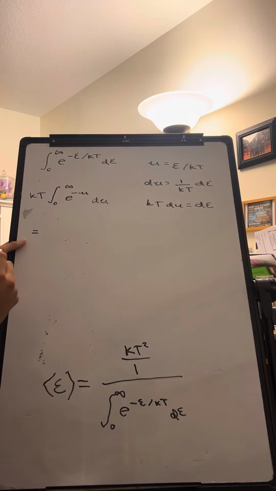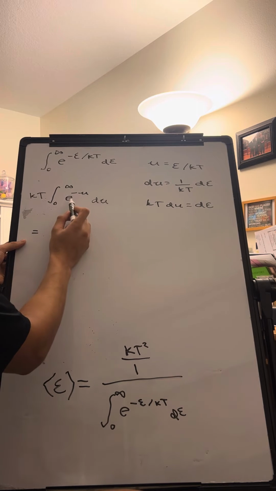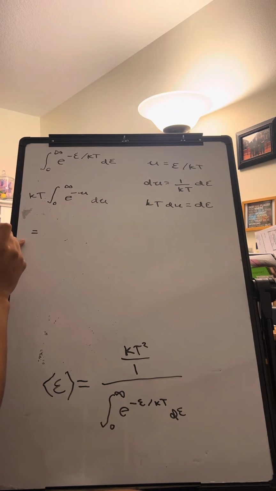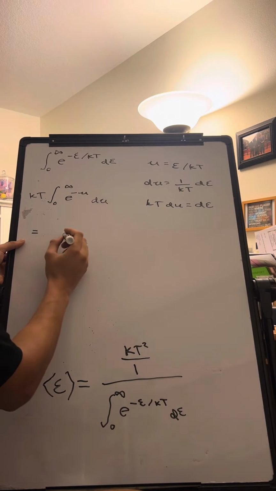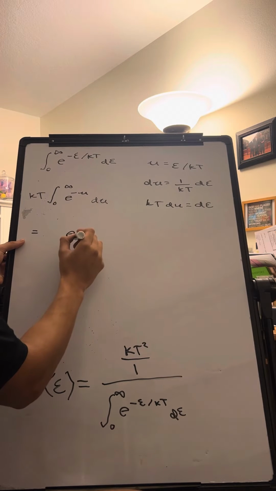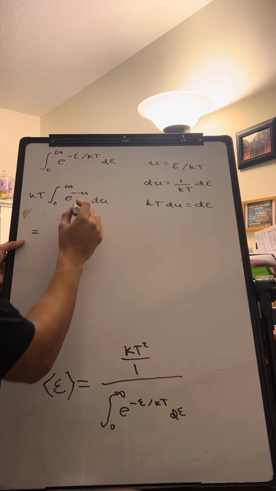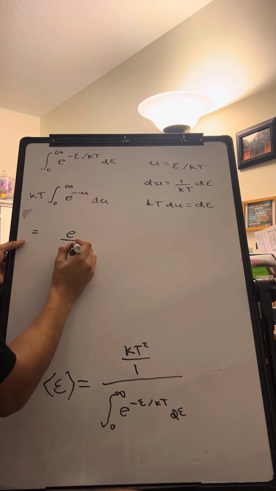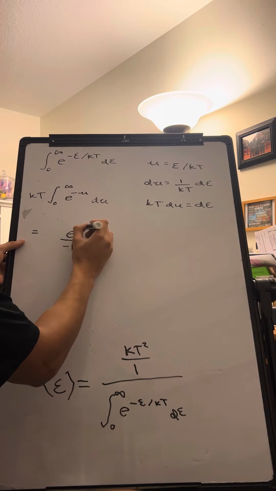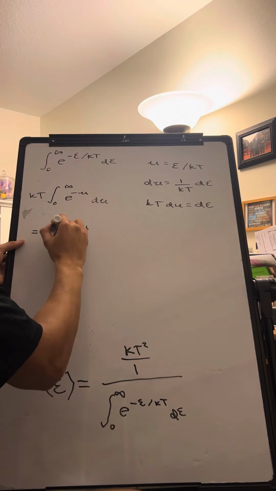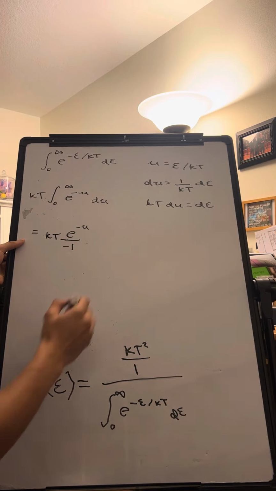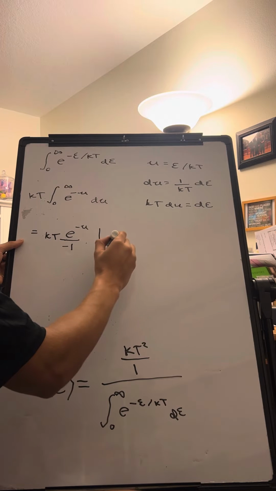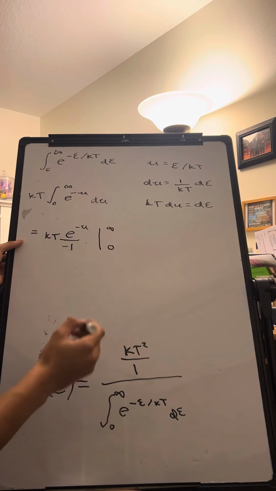First, we want to take the integral. So the integral of e to the u is e to the u over the derivative of u, so it's just negative 1, and then this is still kT, and it's evaluated from 0 to infinity.